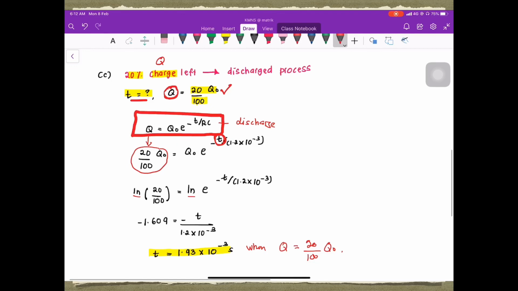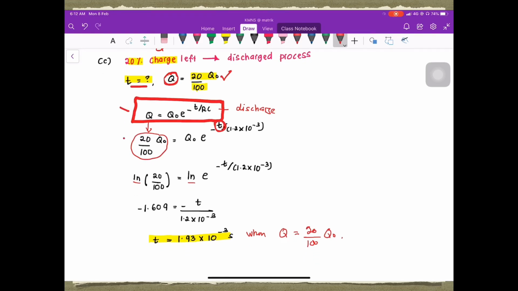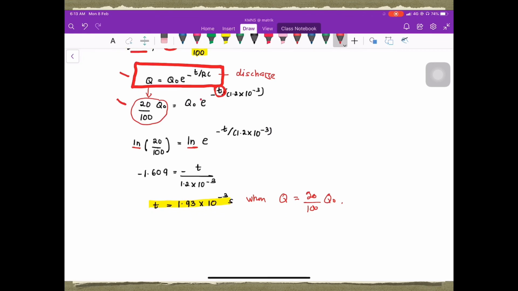Because the concept is discharge, we use this equation, substitute the new charge, and then take ln on the left hand side and the right hand side, and this is the exponent. So we will get the time when 20% of the charge is left.